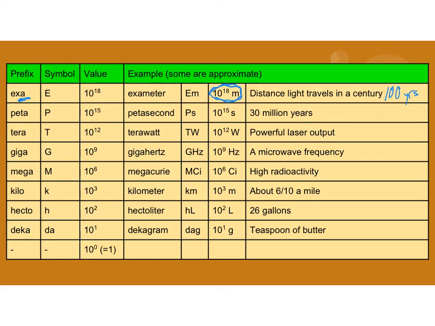A petosecond, 10 to the 15th. It is 10 to the 15 seconds. And a single petosecond is 30 million years.